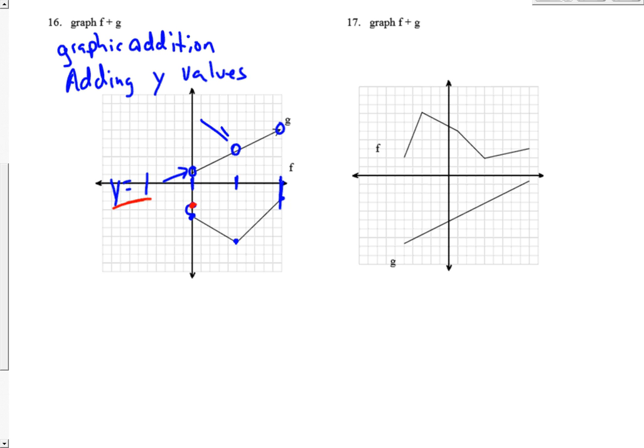The second point here is 1, 2, 3.5 units. So y equals 3.5. So I'm going to go down to the f function, and I'm going to add 3.5. So if I add 3.5, I go 1, 2, 3.5, which is right there.